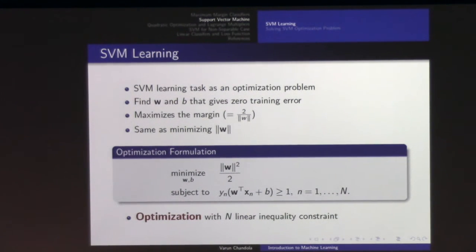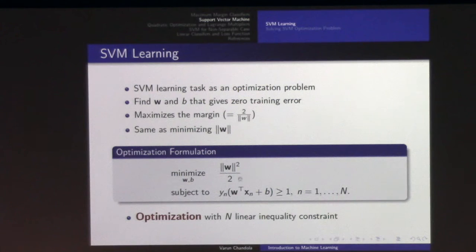So this is the optimization function for support vector machines. Now remember, we were trying to maximize this margin, right, which is 2 over ||W||. So what I did was I flipped it over. If I'm trying to maximize this, it is the same as trying to minimize this, right? Because then it's easier to differentiate and everything.